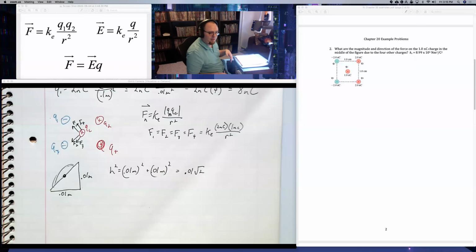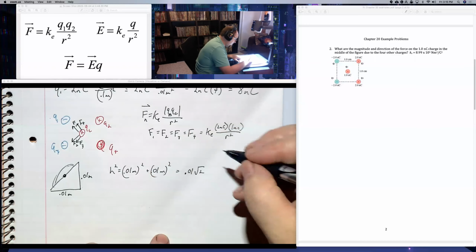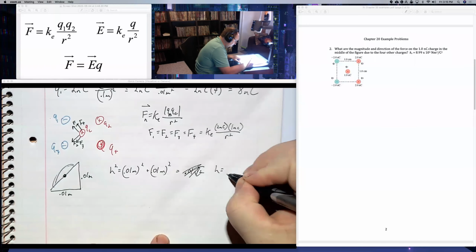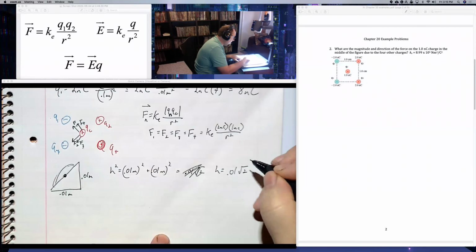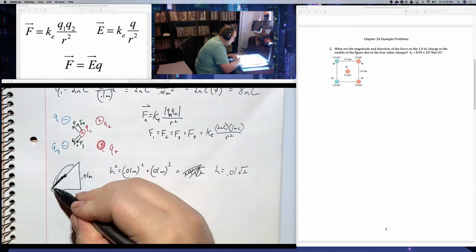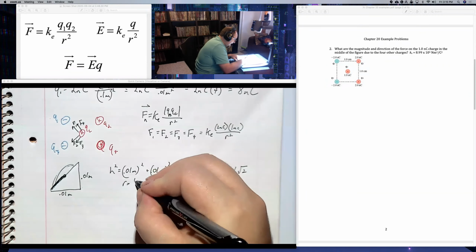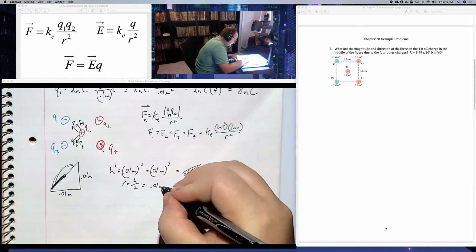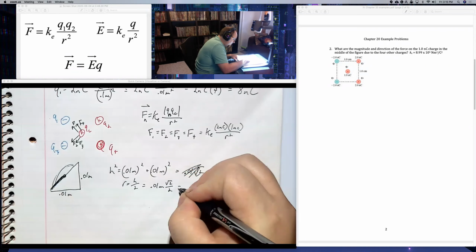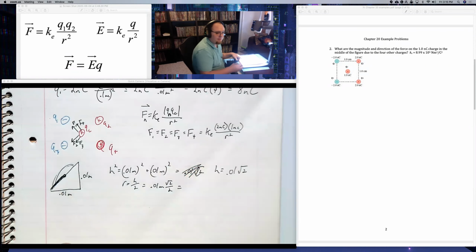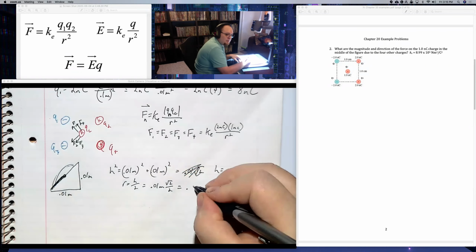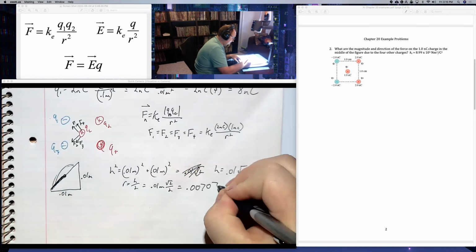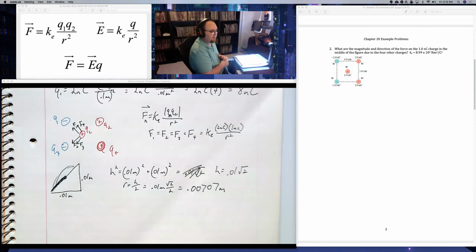But if you do that math, that's what h is. The thing is, O is just this distance here. So O is half that. So my O value is 0.01 meters times square root of 2 over 2, which is going to end up being 0.00707 meters.